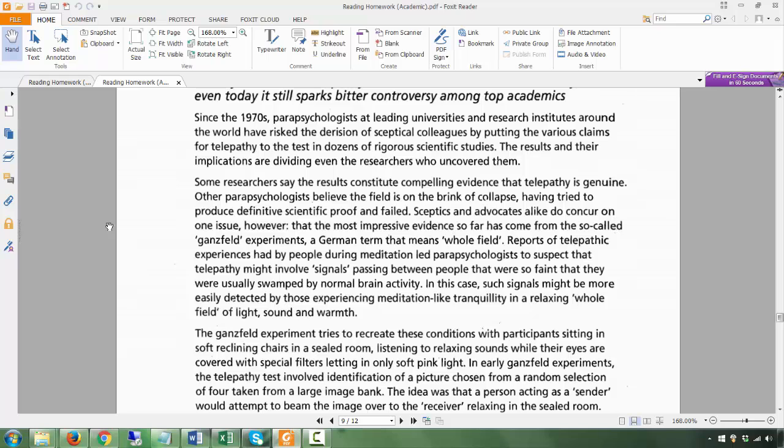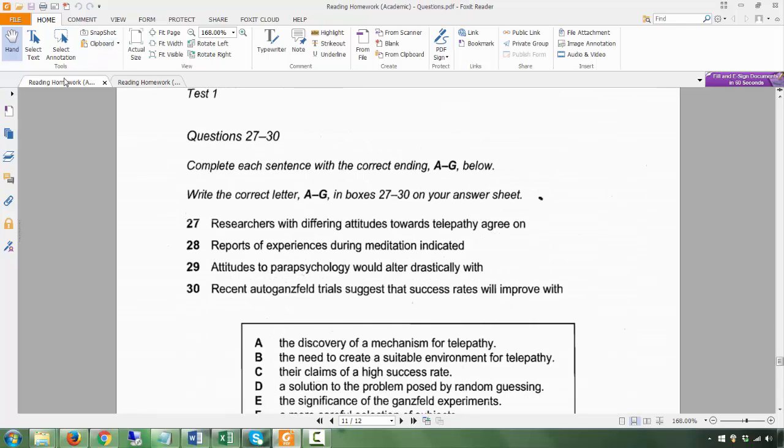Okay, concur on one issue, however, the most impressive evidence so far has come from the so-called Ganzfeld experiment. Okay, so the significance means the importance of the Ganzfeld experiments. Okay, so they agree on that, the importance of it. All right.